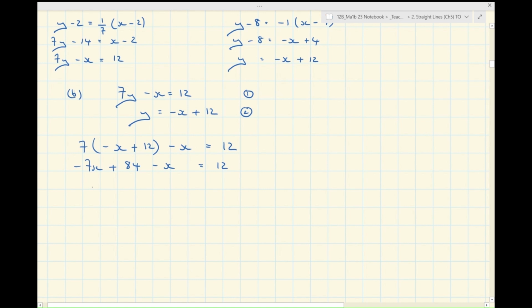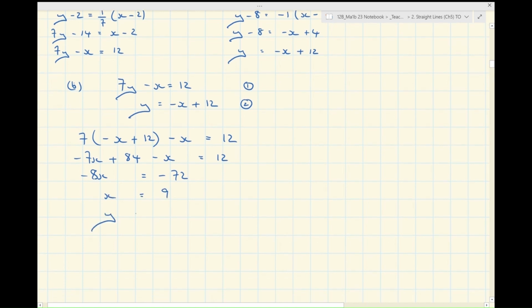So I'm going to have minus 8x equals 12 minus 84, which is minus 72. Divide both sides by minus 8, x equals 9. And so what does y equal? Well, y equals minus x plus 12, which would be minus 9 plus 12, which would be 3.